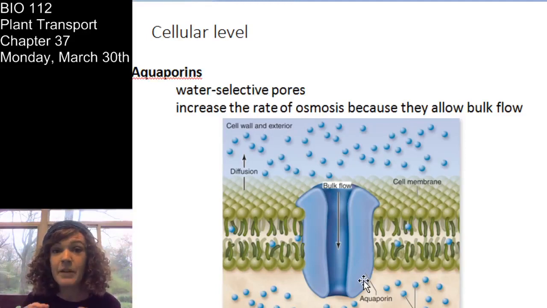Remember, osmosis is the movement of water down its concentration gradient, from areas of higher water concentration and lower solute concentration to areas of higher solute concentration and lower water concentration. We're going to talk more about that in a minute. They wondered why this water was moving so fast, and it was because of bulk flow through aquaporins. That is a passive transport mechanism.